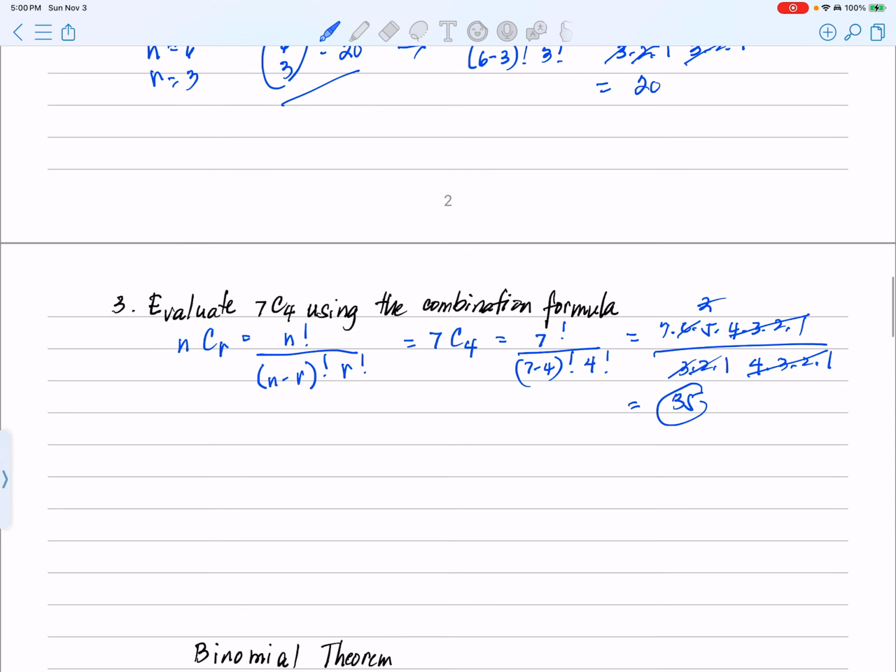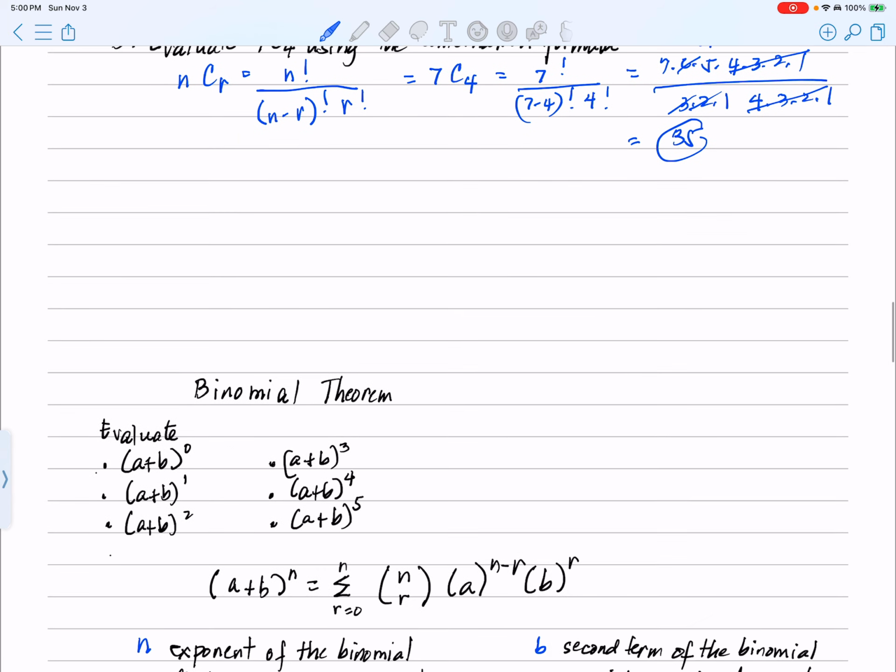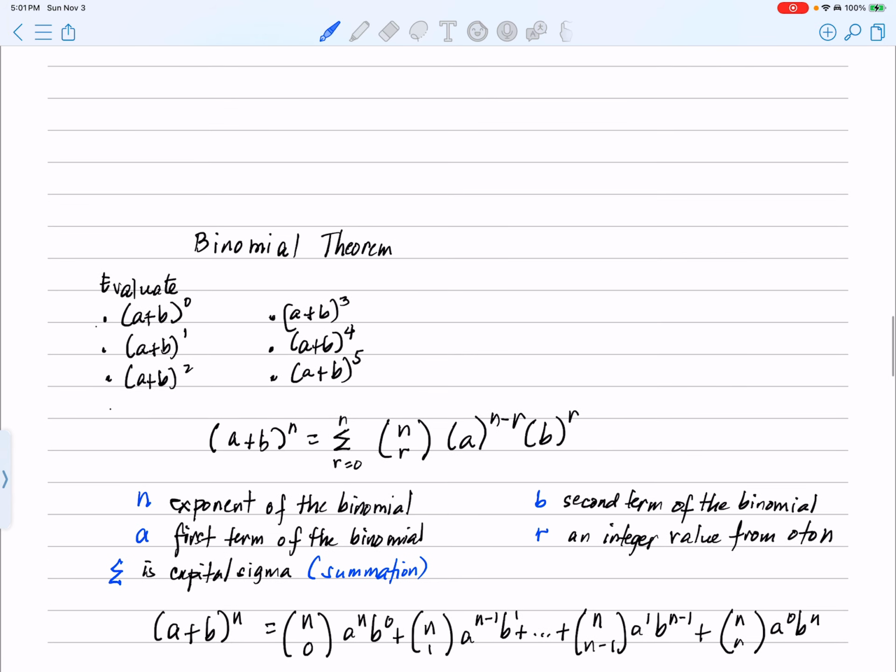Okay? 7 choose 4 is 35. So we can also find the value of n choose r using the combination formula.